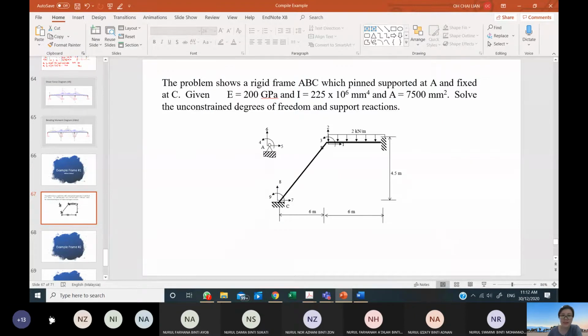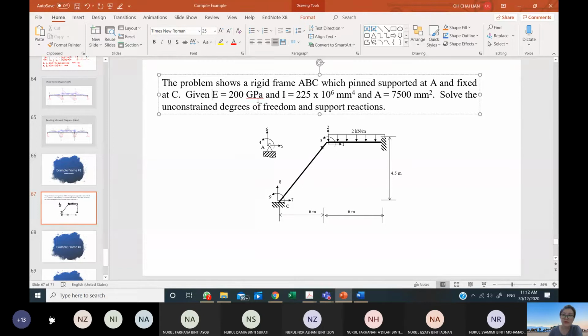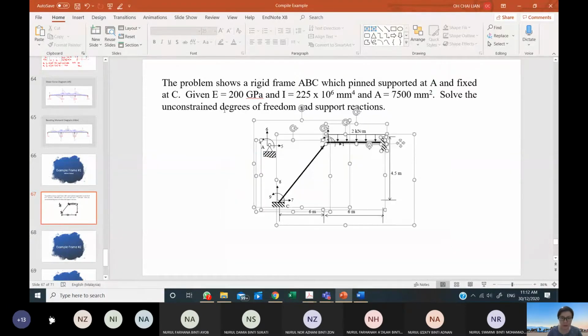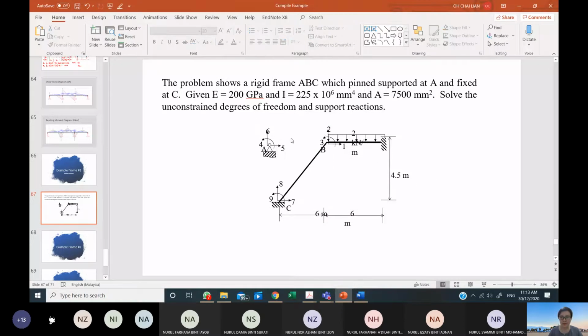Can you see my slides? Yes, you can take down the problem, and we are going to work on this. I need to put this in a greater form.